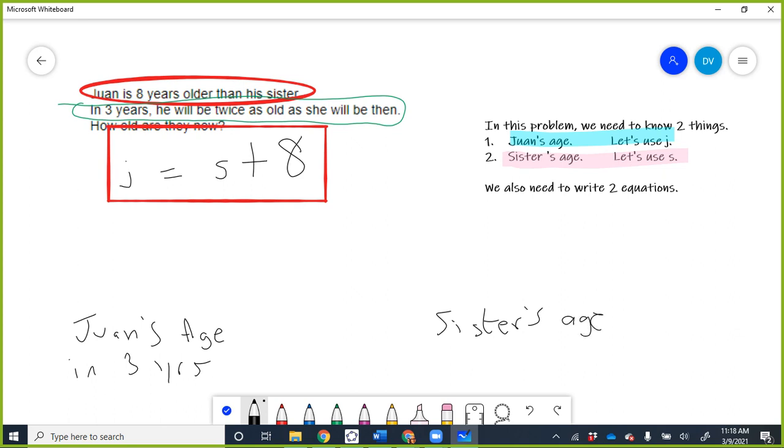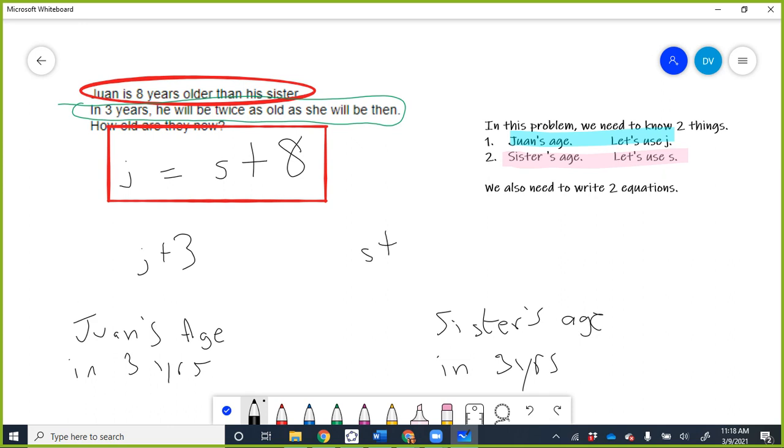You normally don't have to put the wording down. But the way we'll express Juan's age in 3 years, whatever he is now, which is J, we're just going to add 3 to it. So his age in 3 years will be J plus 3. And his sister's age will be S plus 3.